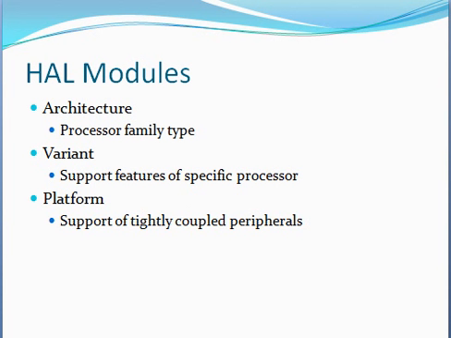This module contains the code necessary for processor startup, interrupt delivery, context switching, and other functionalities specific to the instruction set architecture of the processor family. Next, variant supports the features of the specific processor in the family. An example of a supported feature is an on-chip module, such as a Memory Management Unit (MMU).